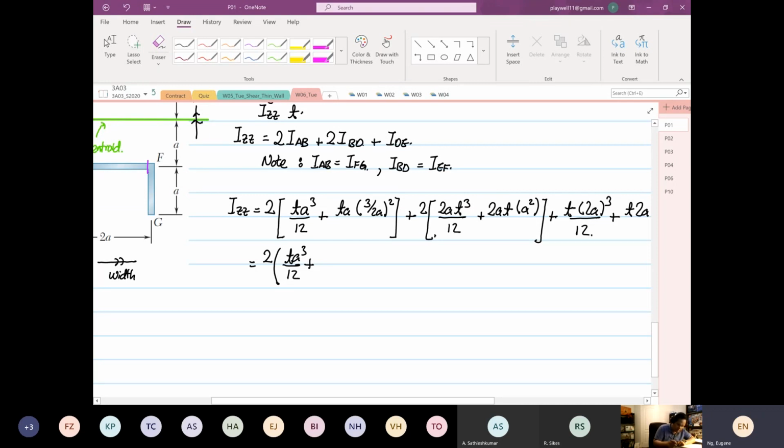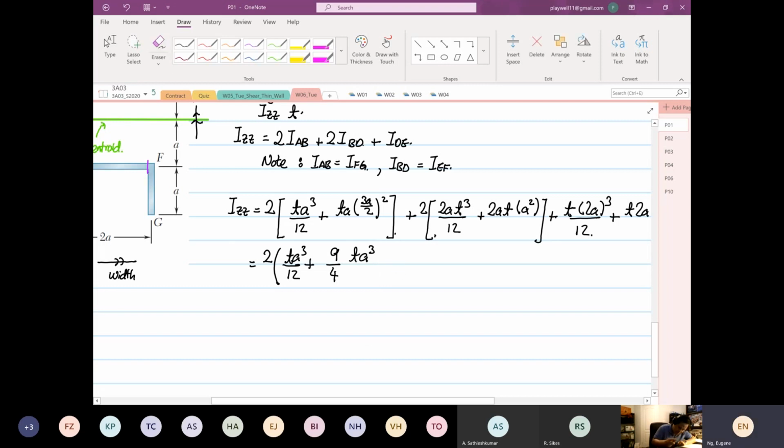So this is equal to 9 over 4 TA, so this one times A squared, right? Is it A squared? No, what am I doing? I do apologize, I wrote this wrongly. It's 3A over 2 squared. Okay, my bad. So 9 over 4 TA cubed.